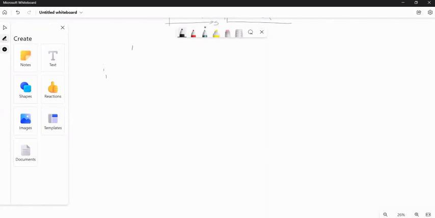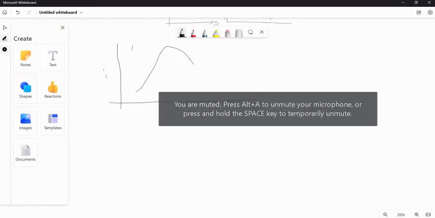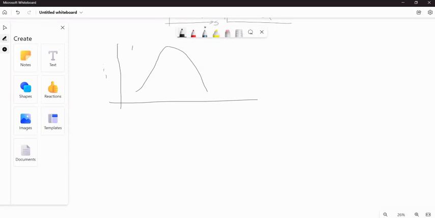As I told you, now you can see the TS diagram. So these are the constant pressure lines, right?